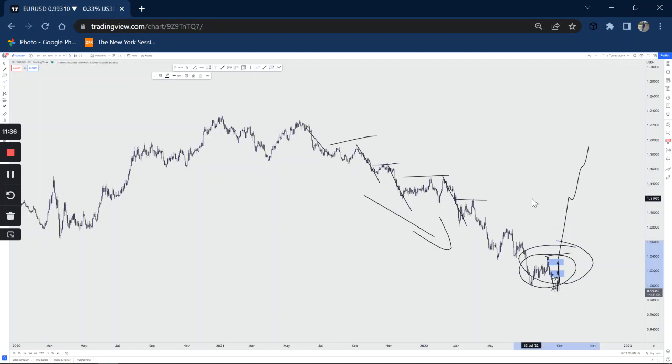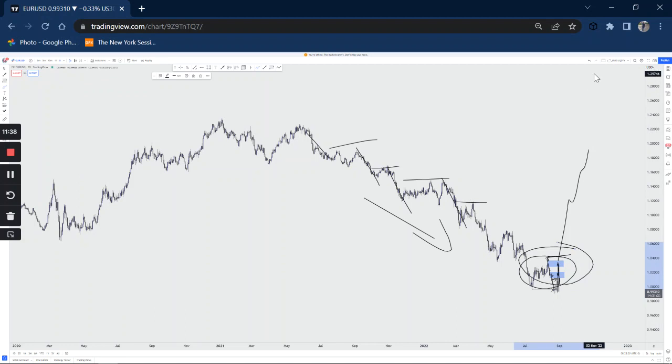But for now, my bias is still bearish on euro dollar. I don't know what's happening with my network.